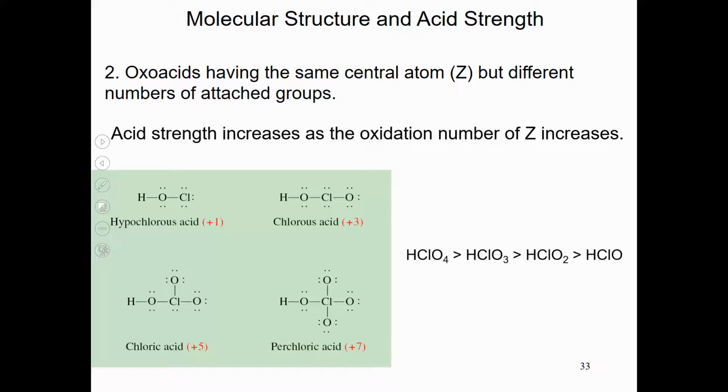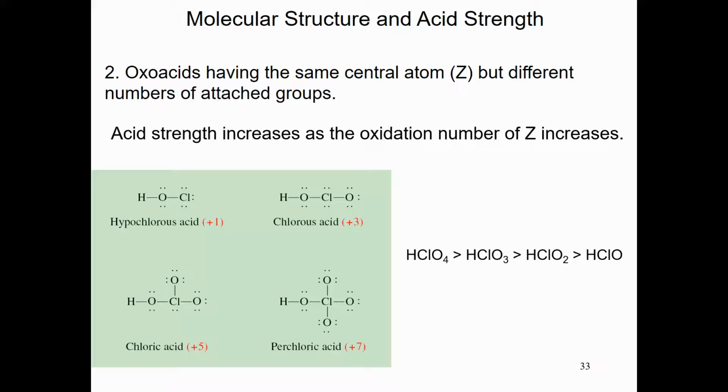Okay, so acid strength increases as the oxidation number of the central element increases as well. This is for chlorine, and once again, you can look at this as the oxygen to hydrogen ratio, because that ratio is going to change the oxidation number of the central element.